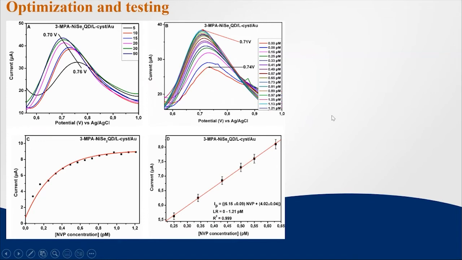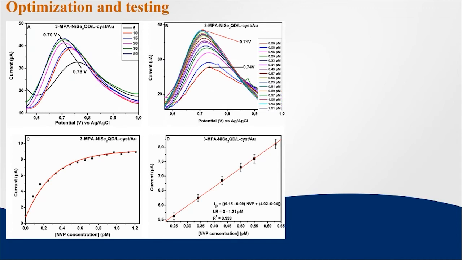For those who are doing analytical chemistry, they would understand, because we are trying to get information about a linear range, information about the limit of detection, and information about the sensitivity, because sensitivity is very important when you are developing a methodology.